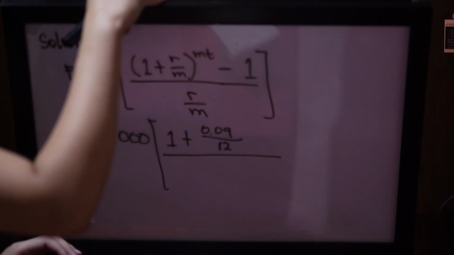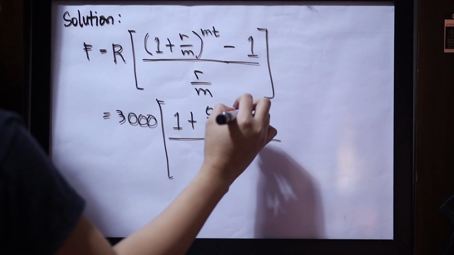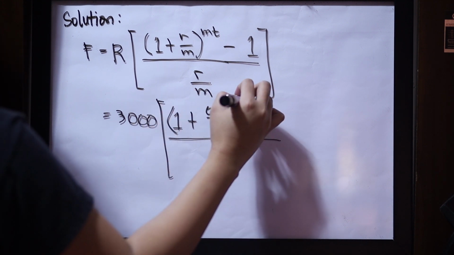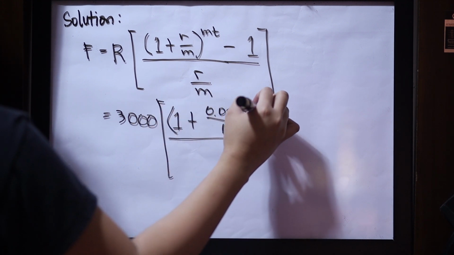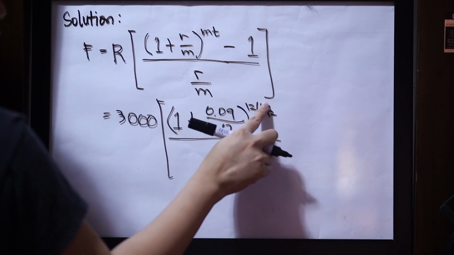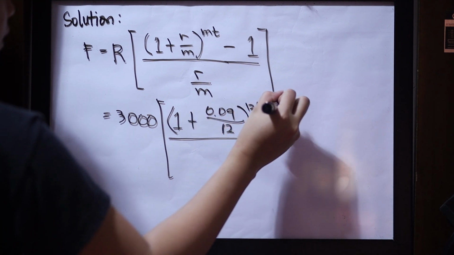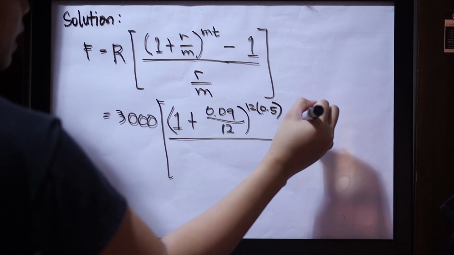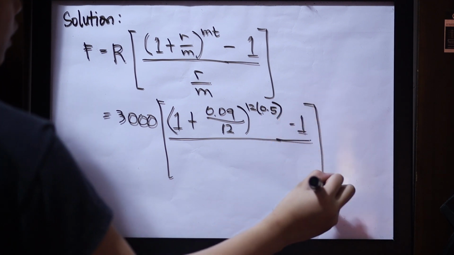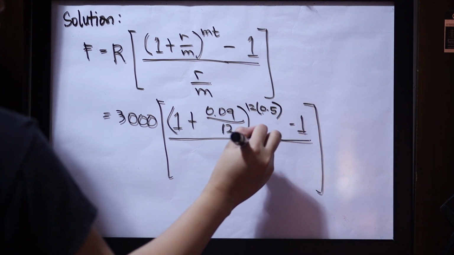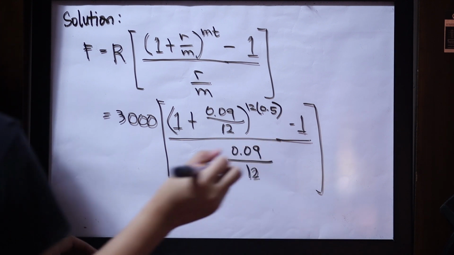Tama ba ako? M is 12. Tama. And then, you raise it to 12 times 6 over 12, or 1 half, or kaya naman ay 0.5. Tapos, minus 1 all over 0.09 all over 12.